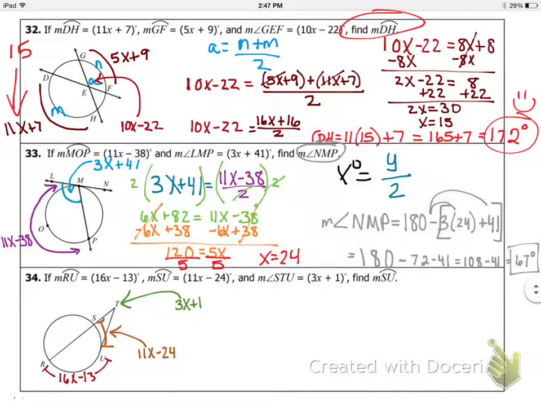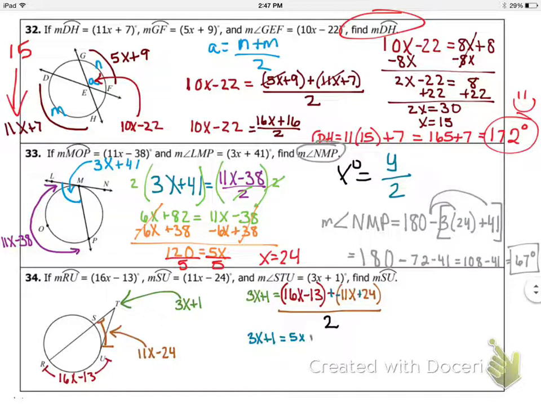The relationship between those three is that we take the outside minus the inside and then divide that by 2, and that's going to be equal to the angle out on the outside of the circle. Sorry, let me say that one more time. The far arc minus the near arc divided by 2 equals that angle there. Maybe that's easier to think of it that way.